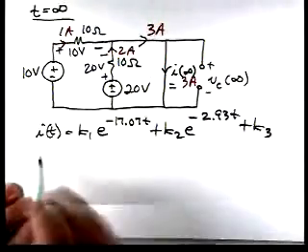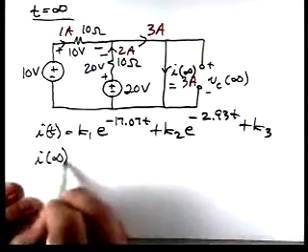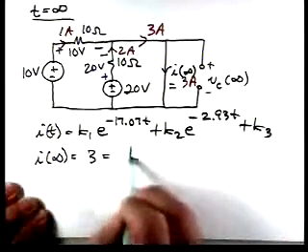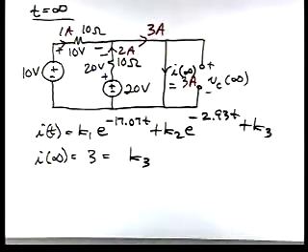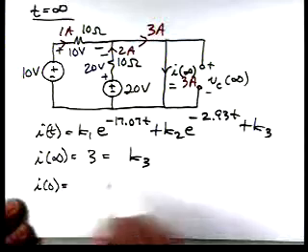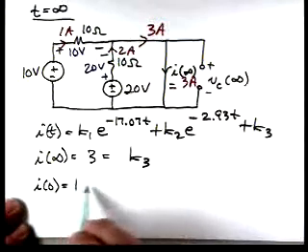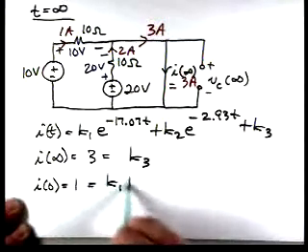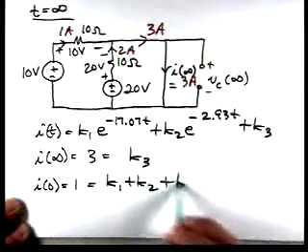We know i(infinity) is 3, and that's K3. We know that i(0) is 1, and that's K1 plus K2 plus K3.